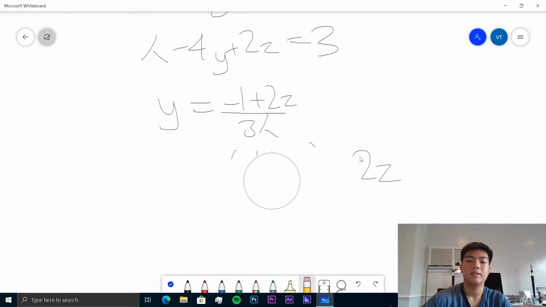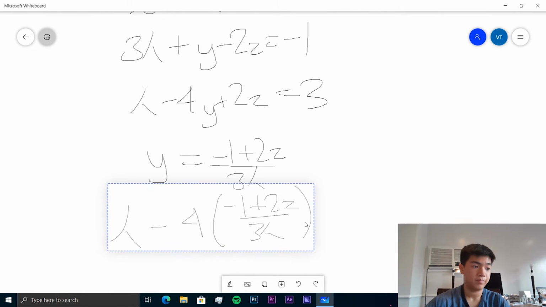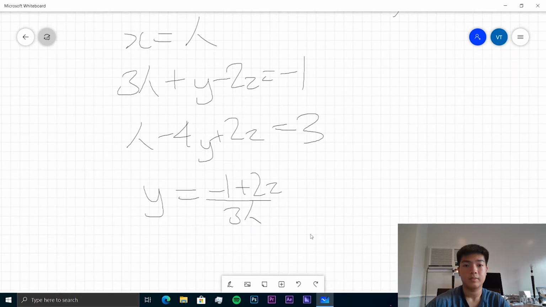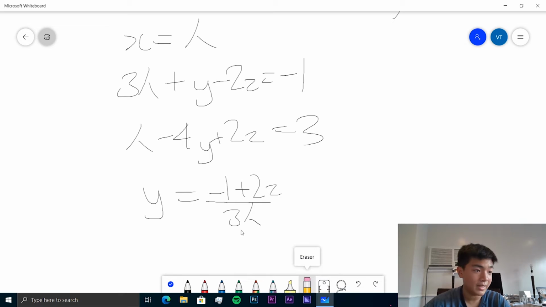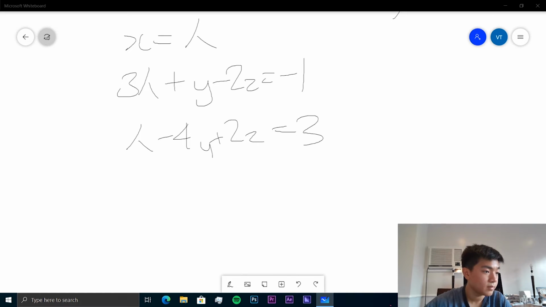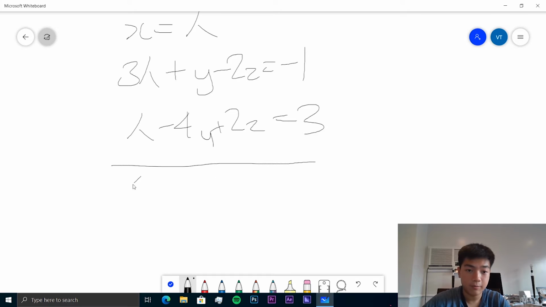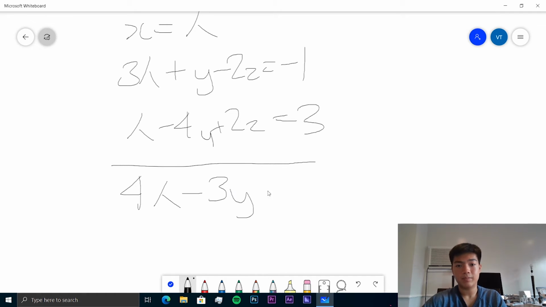Wait, checking myself. Can we just subtract them? Oh yeah, we can just add them. So we add these two together, and we get 4 lambda minus 3y is equal to 2.